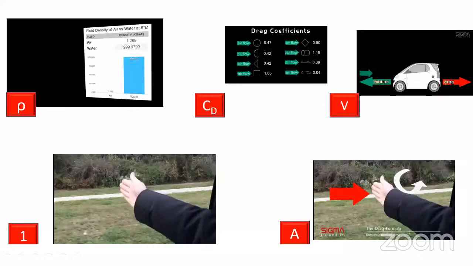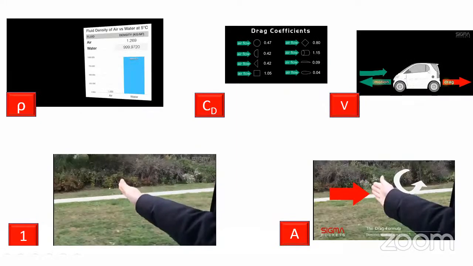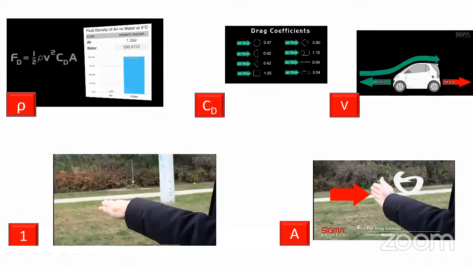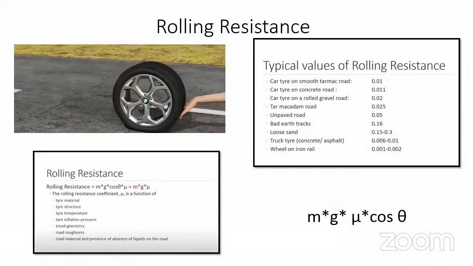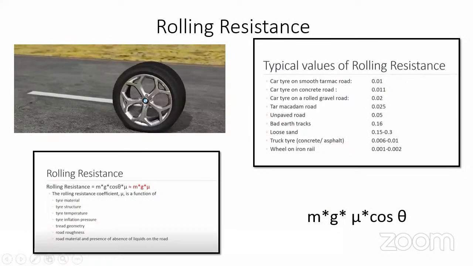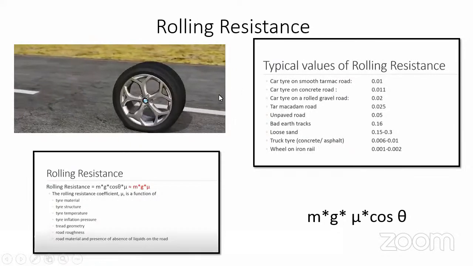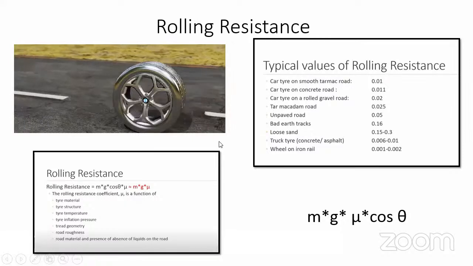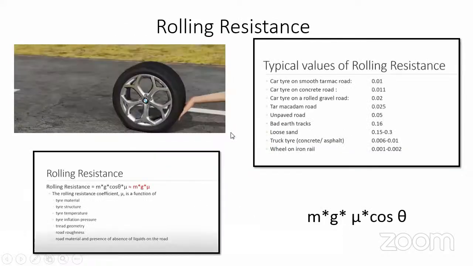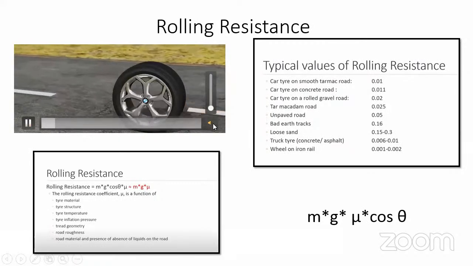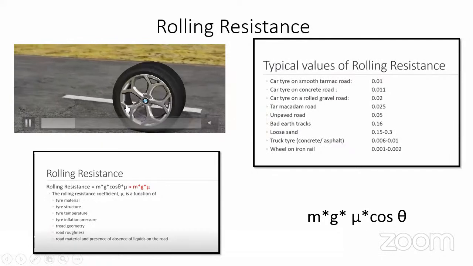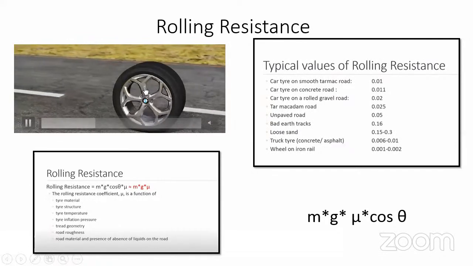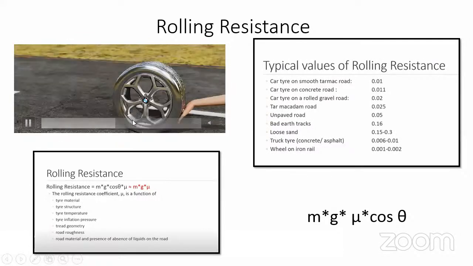The second parameter is the rolling resistance. Rolling resistance depends upon the movement of the type of tire which we make. If I have it in the video, you can see that one type of tire is moving and it stops somewhere here.